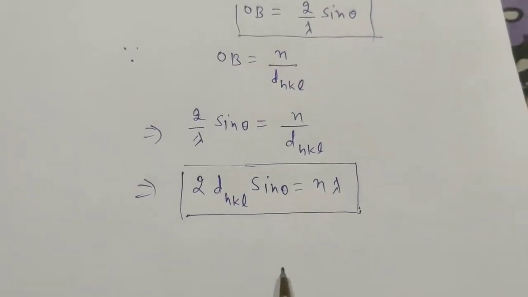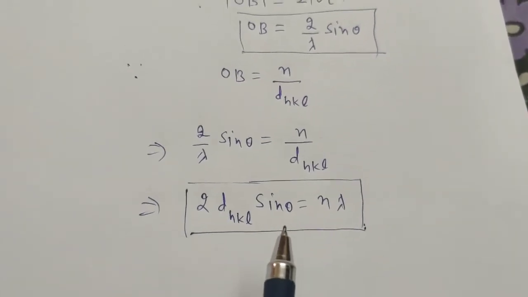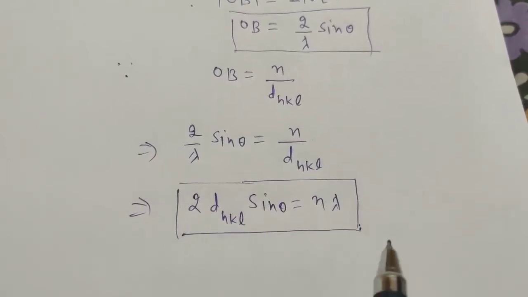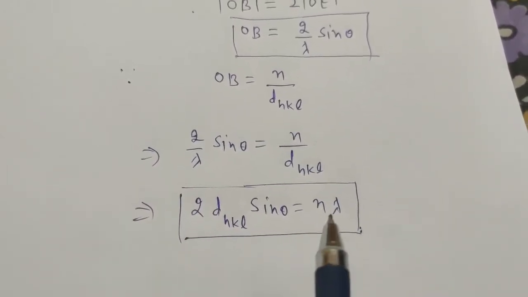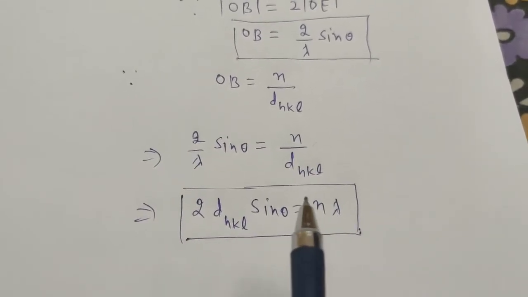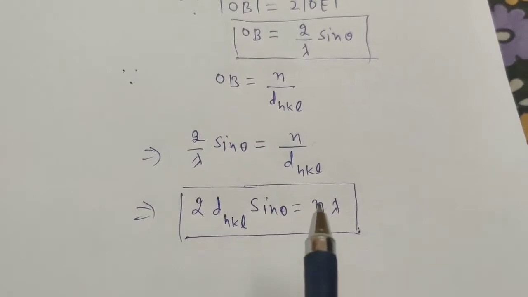So only for this condition in the reciprocal space will your X-ray diffraction take place, only when your d HKL and your lambda match, with this order of reflection.